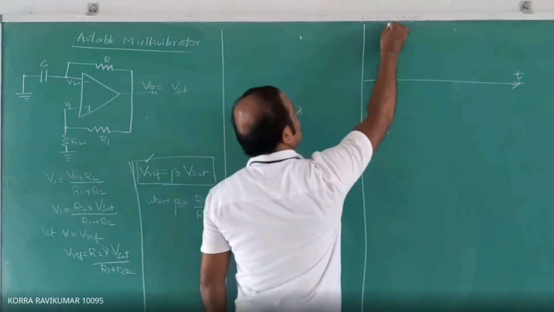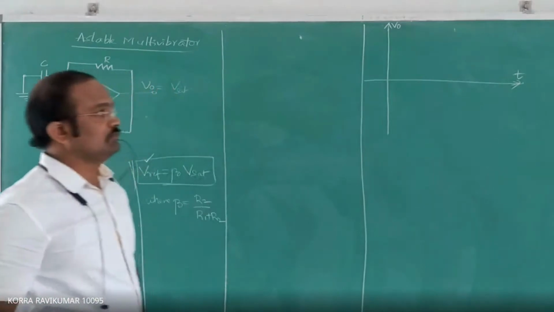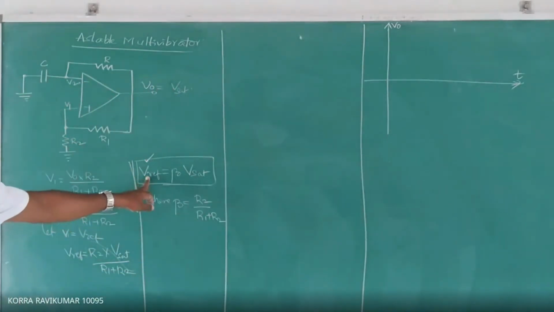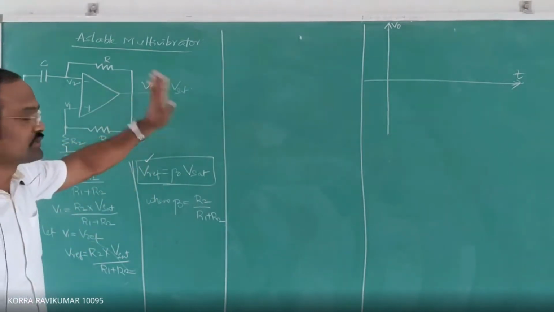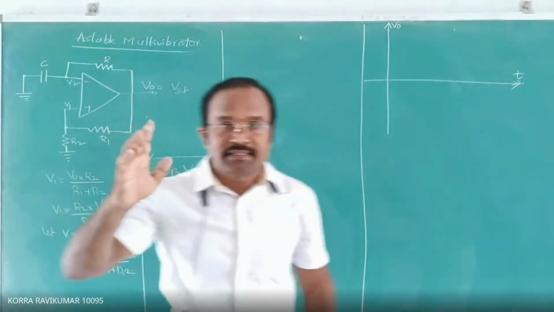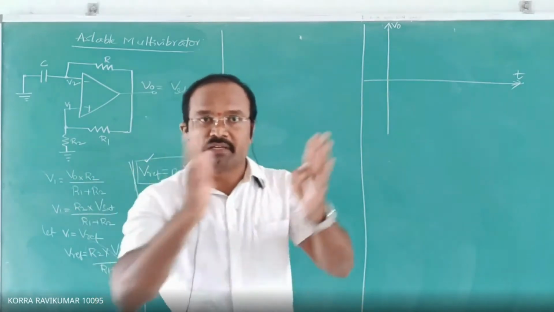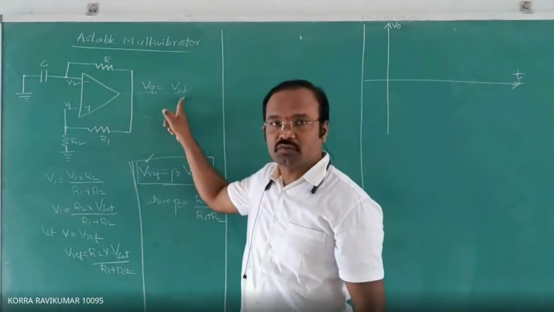Time period versus output waveform. See here. First, V and V saturation. Output voltage initially is equal to V saturation voltage. Initially, at the starting stage, we are not applying any input signal, but we are getting V saturation as the output. How are we getting V saturation as output?